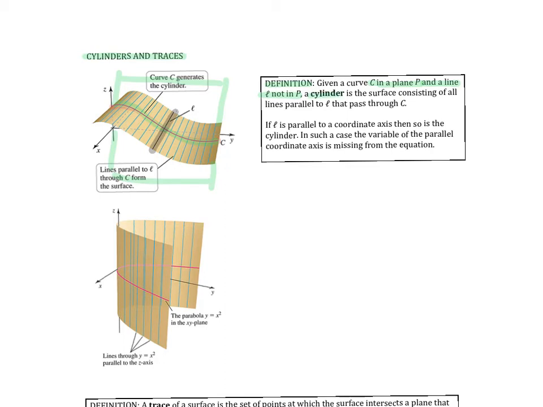The definition of our cylinder is a surface consisting of all lines parallel to L that pass through C. If you look at all lines that are parallel to L and pass through our curve C, you see how we're generating this surface. If we can generate a surface by parallel lines passing through C, then it's a cylinder. So this shape you see is actually the shape of a cylinder in mathematics.